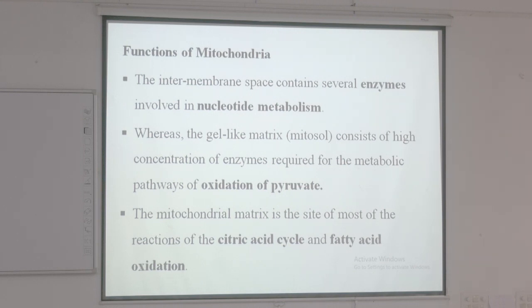After glycolysis there is oxidation of pyruvate, meaning production of ATP proceeds by the electron transport chain. All this proceeds in which organelle? Mitochondria. The mitochondrial matrix is the site of most reactions: the citric acid cycle and fatty acid oxidation, which we call beta oxidation of fatty acids. All these proceed in mitochondria. Why? Because all the important marker enzymes are present in the mitochondria.